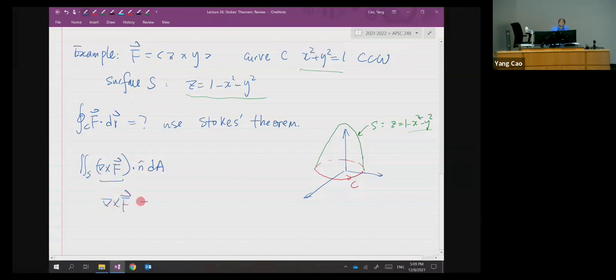Calculating the surface integral needs the cross product, or the curl. You have F over here, and you just plug into the formula for the cross product or the curl. In this case, you get 1, 1, 1. I need you to really pay attention to how this cross product is calculated.